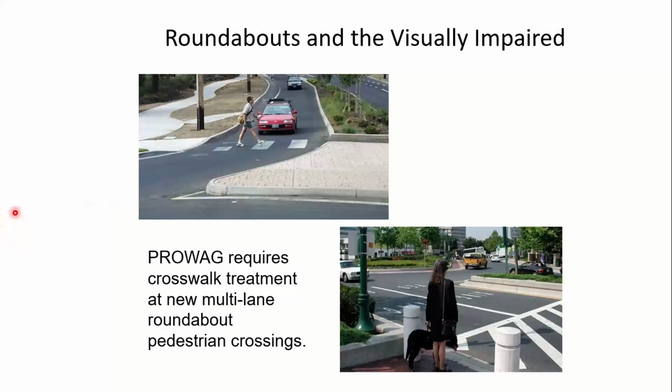And so PROWAG, the final rule of PROWAG, requires a crosswalk treatment at new multi-lane pedestrian roundabout crossings. And here we see a multi-lane roundabout pedestrian crossing. We see a visually impaired pedestrian. And I think you can appreciate this situation poses that same multiple threat concern that we talked about earlier.